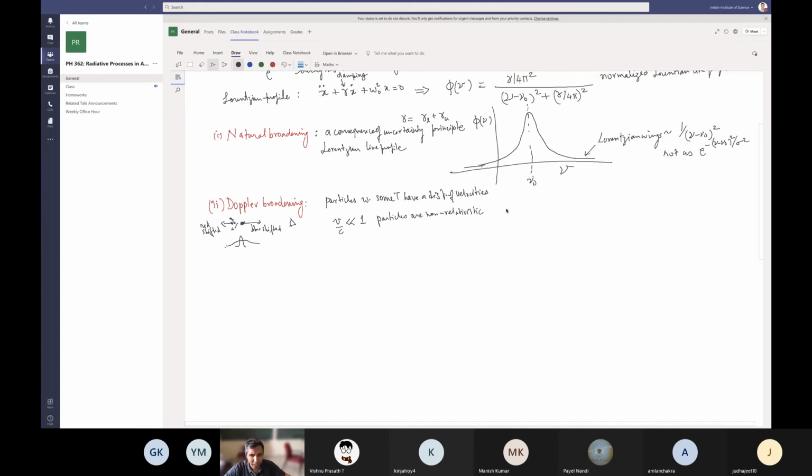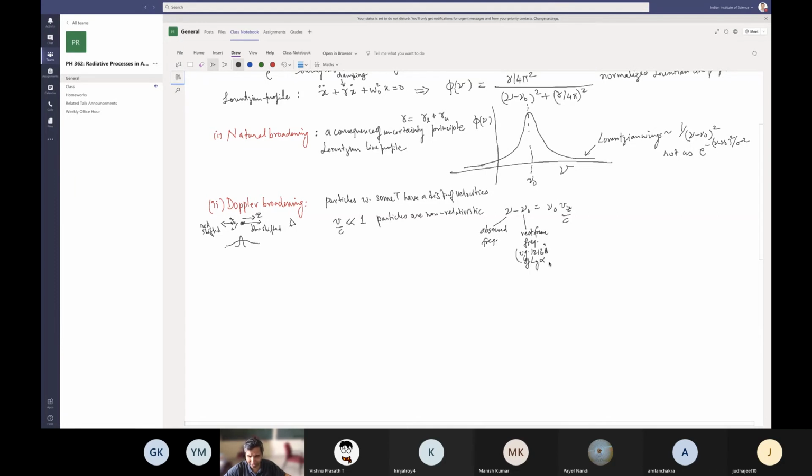Okay, so we know that nu minus nu naught is equal to nu naught Vz by c. Let's consider this to be the z-axis, right? So this is the observed frequency, and this is the rest frame frequency, the atom's rest frame frequency, which is like, for example, 1216 angstrom of Lyman alpha.